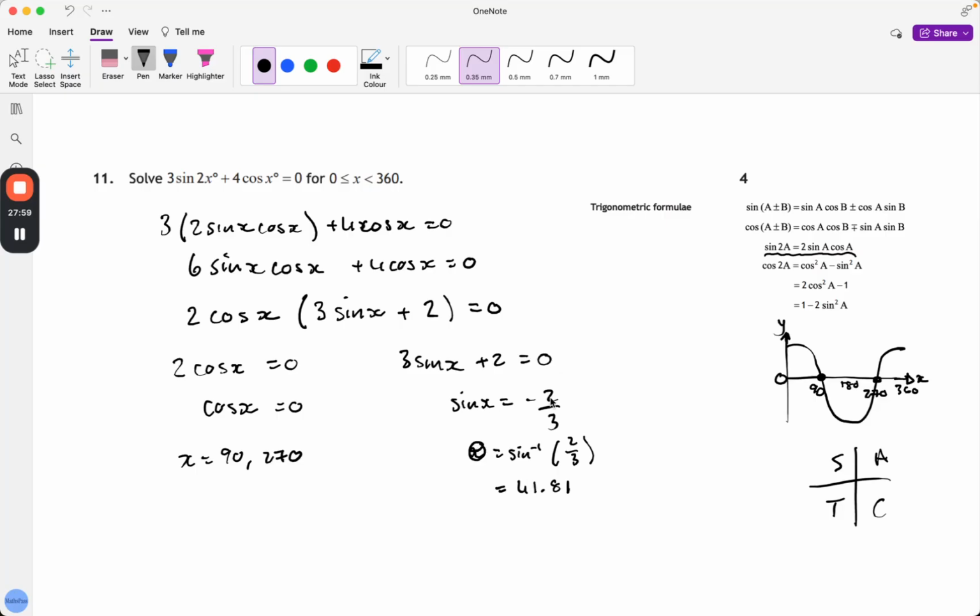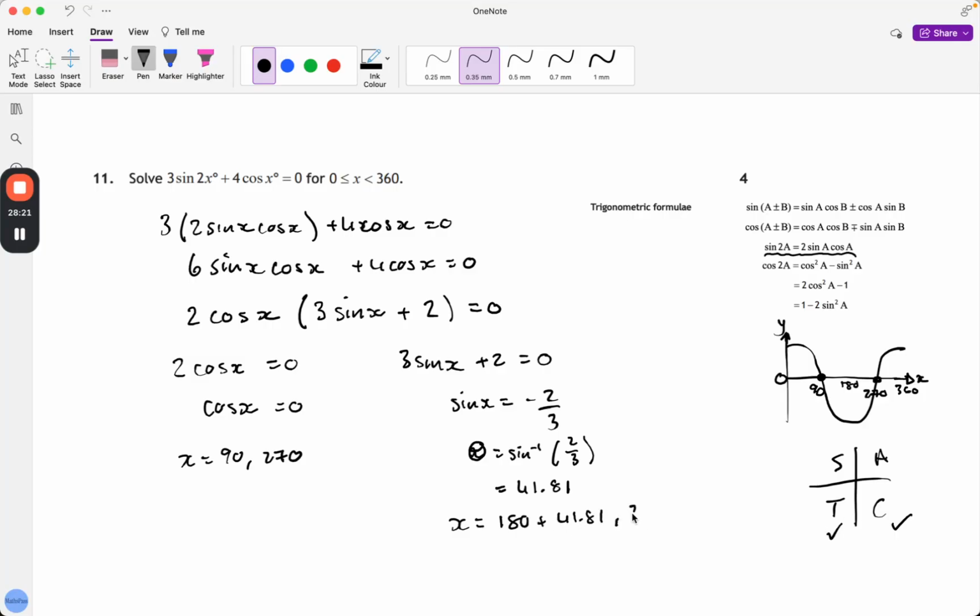We had sin x equals negative 2/3. So because it's a negative, it means that we're negative in sin and all. So we're going to have to tick our tan and cos. So whenever you're negative, you want to tick tan and cos. So that tells us that our x is going to be equal to 180 plus our 41.81, just from the tan bit.